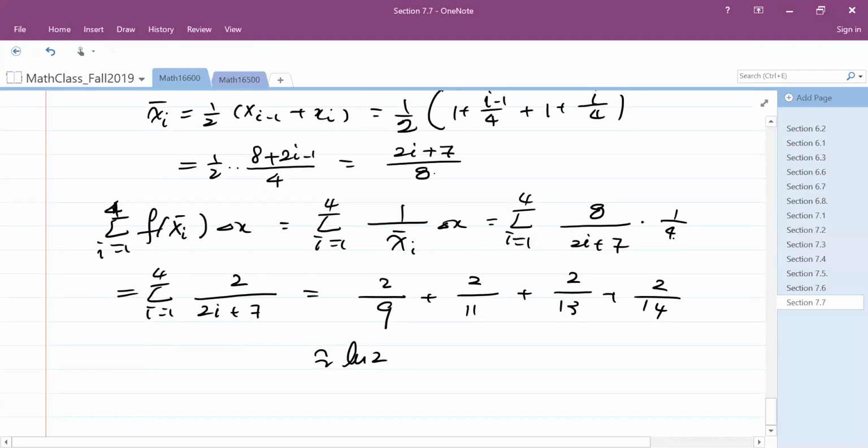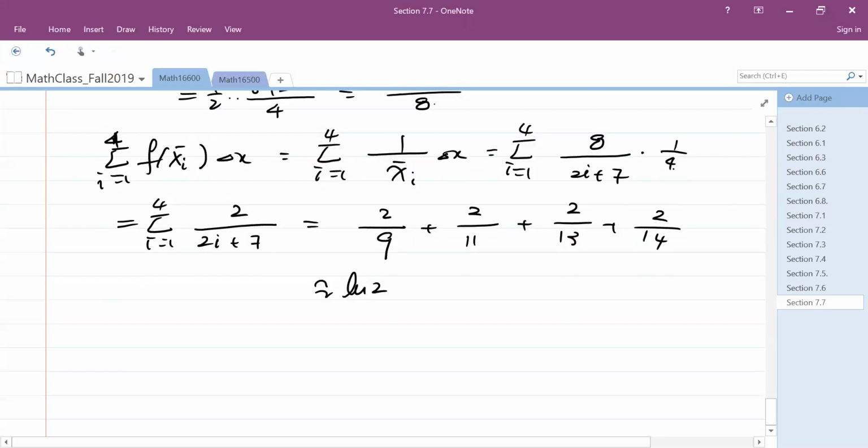One number is from the left endpoint approximation, the other one is the right endpoint approximation. One more: the trapezoid one. We can use a calculator to estimate this and see which one is better.